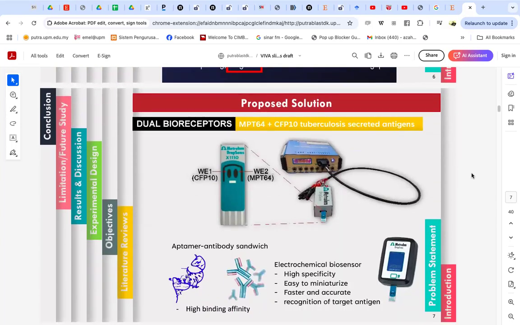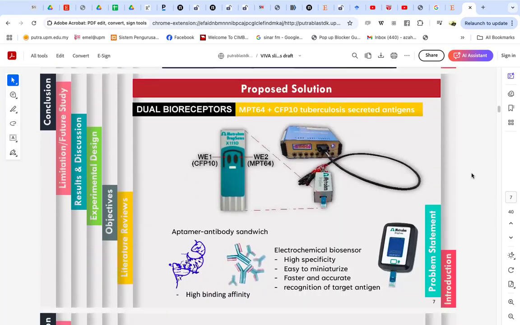Okay, so very important in development of sensors, chemical or biosensors, is to understand the principle. Well, when we haven't done the work, we have to confirm through literature. So in this case, the hypothesis is we are using two kinds of biomarkers, MPT64 and CFP10.